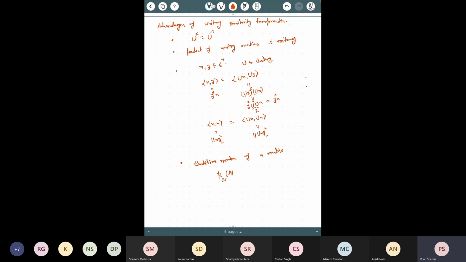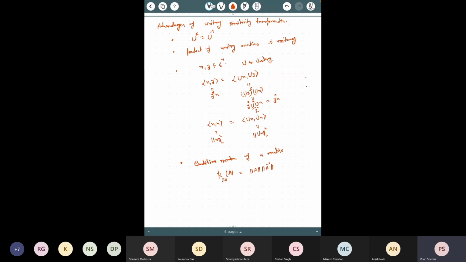What is it? It is just the product of norm of A and norm of A inverse. Now, if this condition number is small, then the matrix is less sensitive to perturbation. And if this condition number is large, then it is highly sensitive to perturbation.